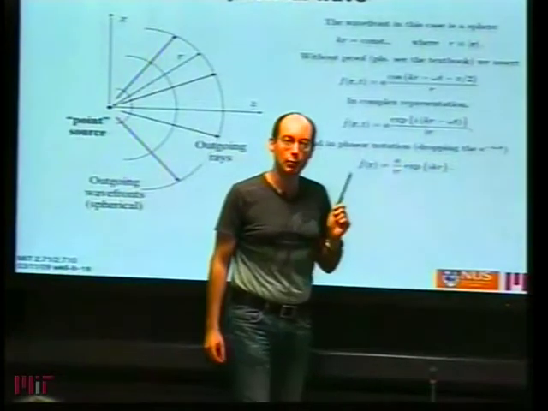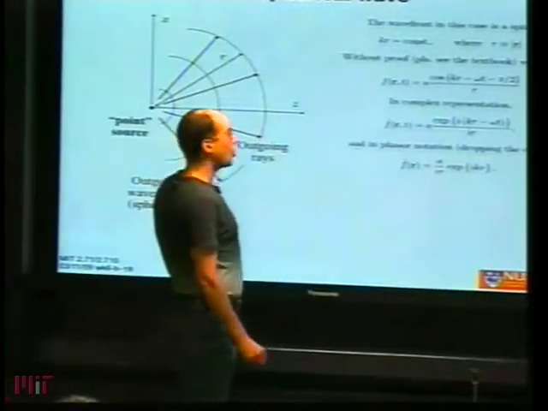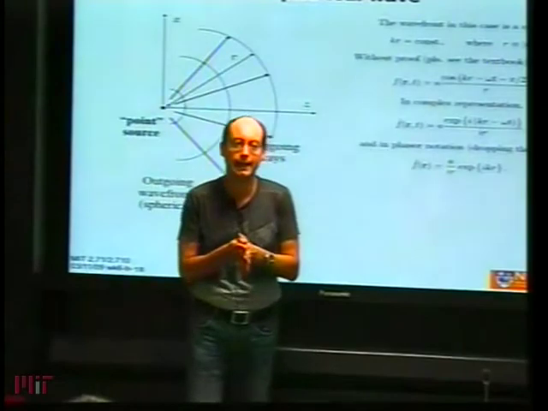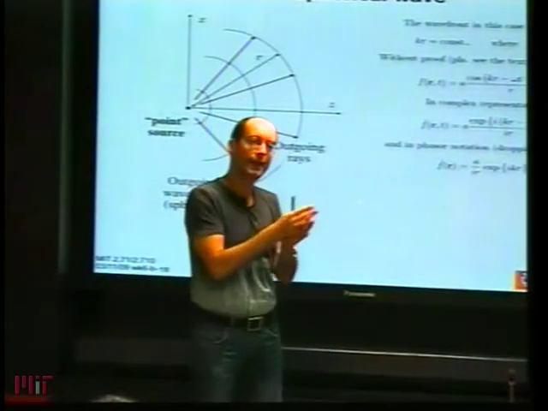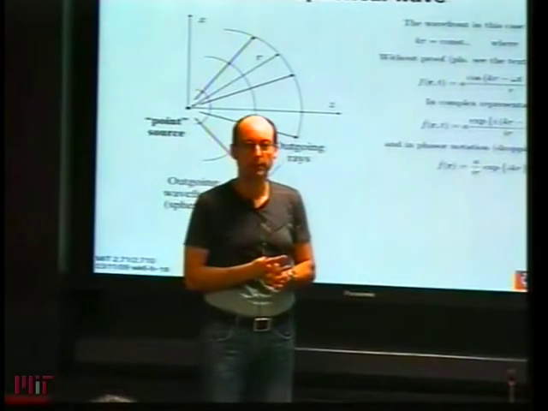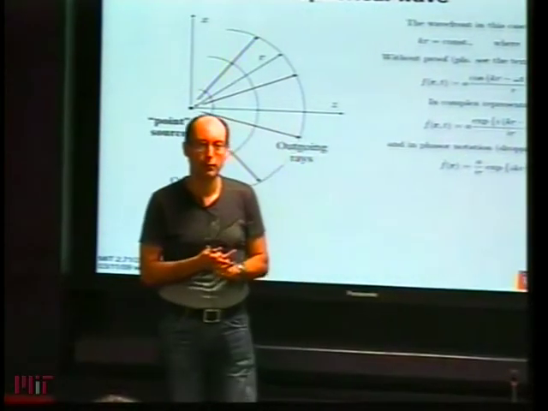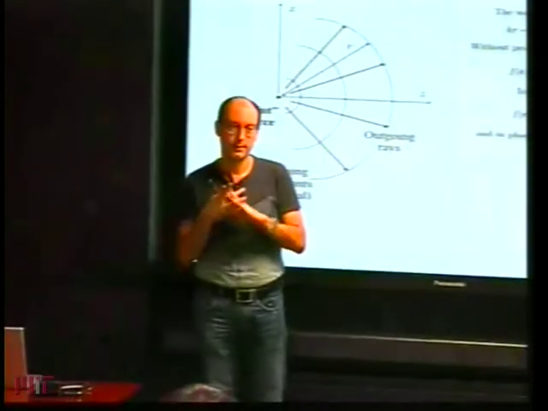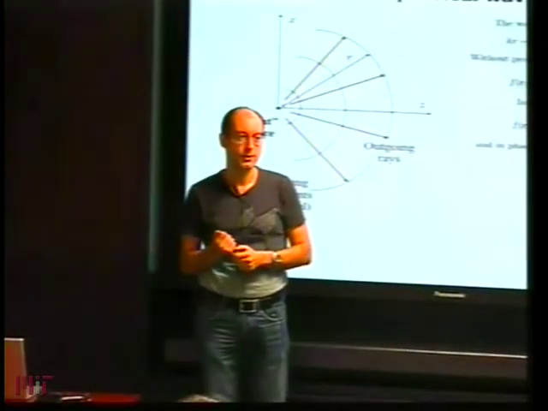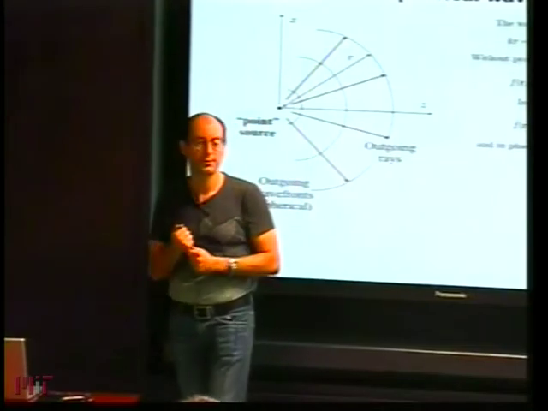So this is now really weird. It tells you that if you have a source that is oscillating, let's say like a cosine, so it is maximum at t equals 0, the wave that comes out will actually be a sine. So it will be phase shifted by pi over 2. There's no easy way to explain this other than solving Maxwell's equations. There are actually some papers in the literature.